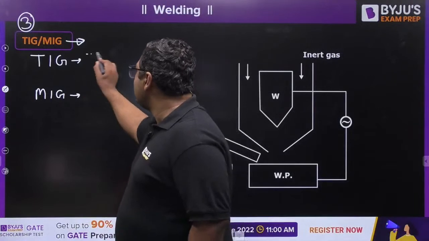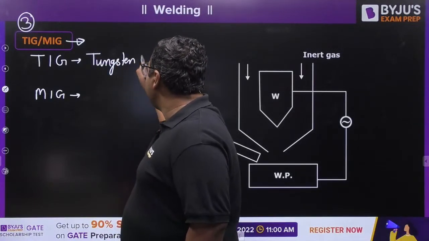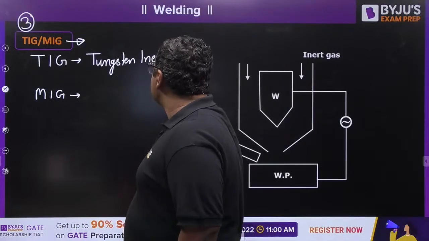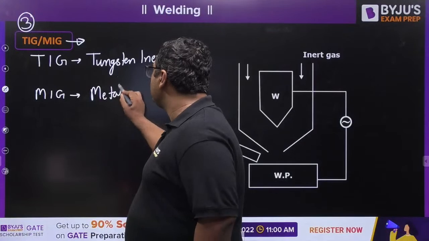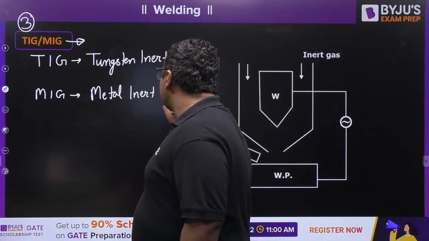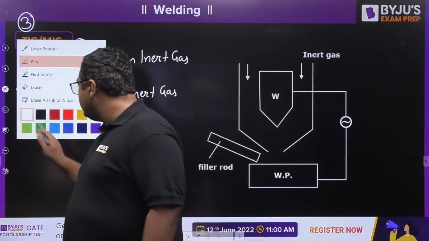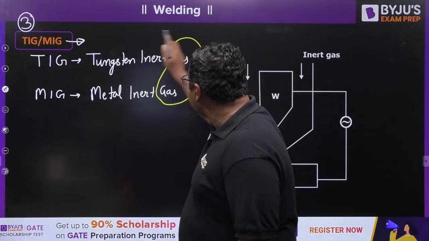So it is tungsten inert gas, and this is metal inert gas. So my dear, when we see the name, some of the students are getting confused here.